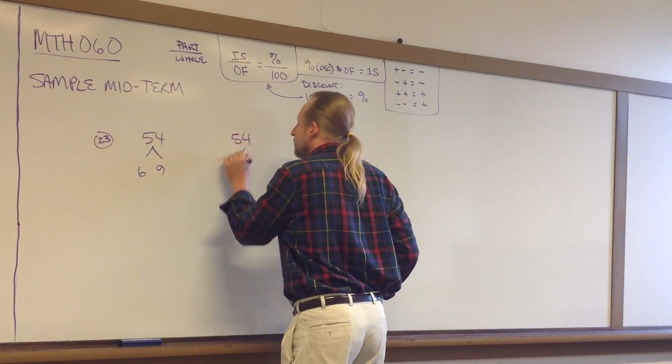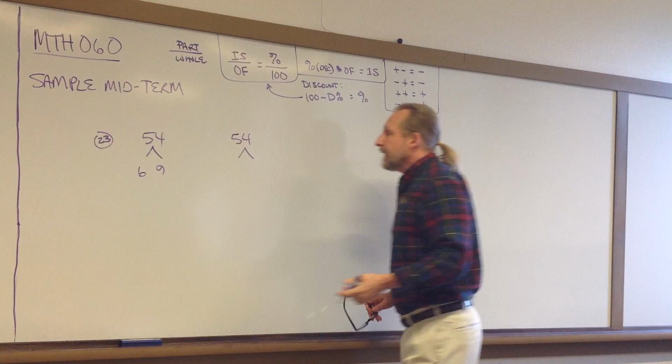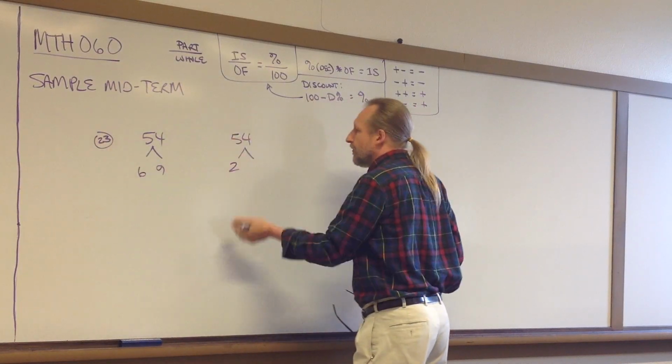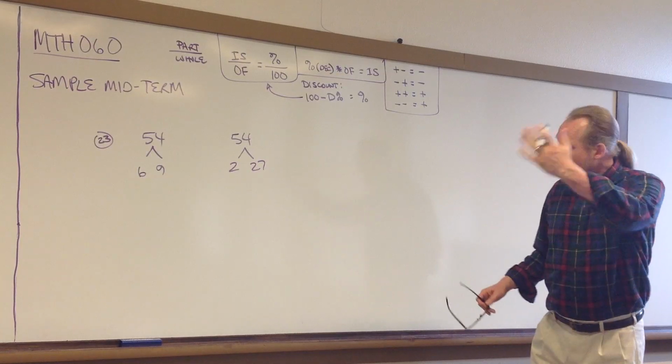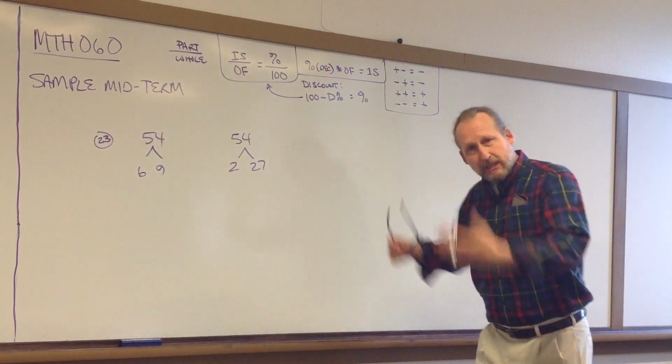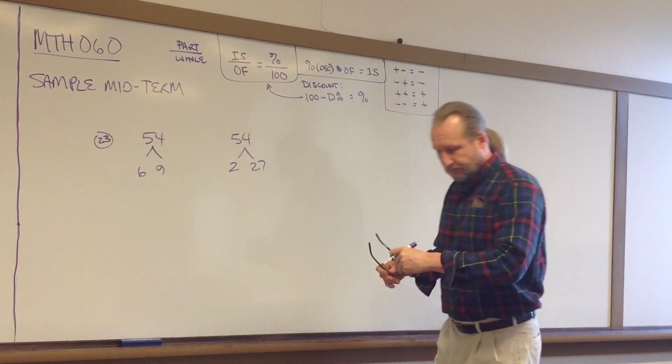If you don't, you can at least recognize it as an even number, and 54 divided by 2 gives you 27. Either one is correct, but you have to keep going until you have only prime numbers.